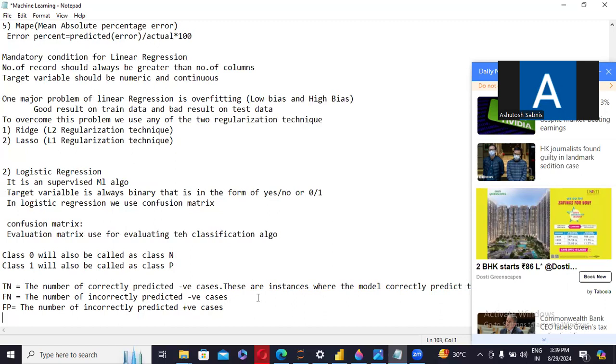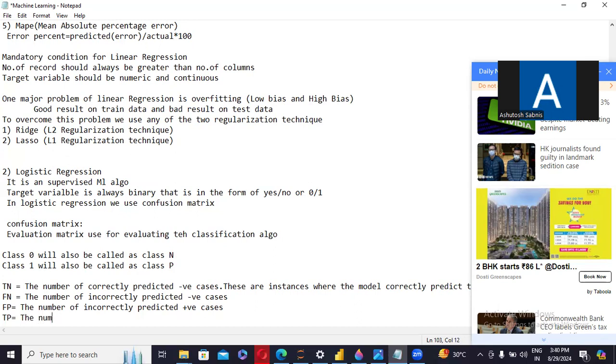Okay, now the last one. You may comment down what is the meaning of the last one in the comment section. I will wait for a minute. I hope you have commented down the meaning of this. So it is the number of correctly predicted positive cases, as it is true.